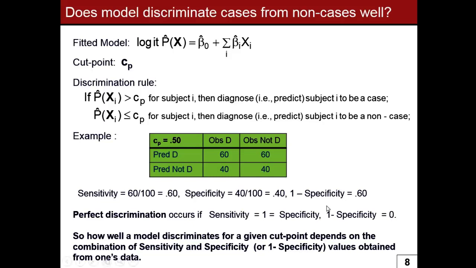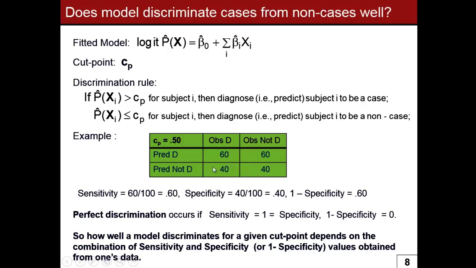And what we're going to do is make our 2x2 classification table based on doing this for every one in the data set. So here's a hypothetical result. Imagine you have 200 people, and we use a 0.5 cut point. Here this would indicate that 60 people were predicted as a case based on having a probability above 0.5, and they were also actually cases.